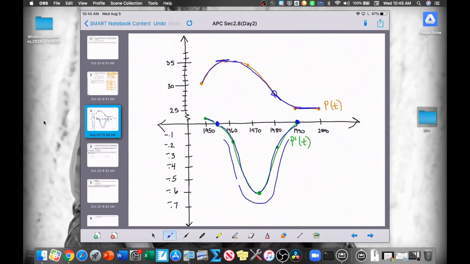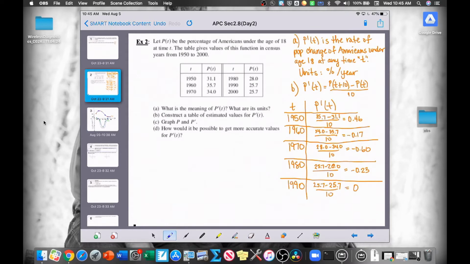The last part of this problem, part D, asked how it would be possible to get more accurate values for P prime of t. Well, that's a pretty easy question to answer.